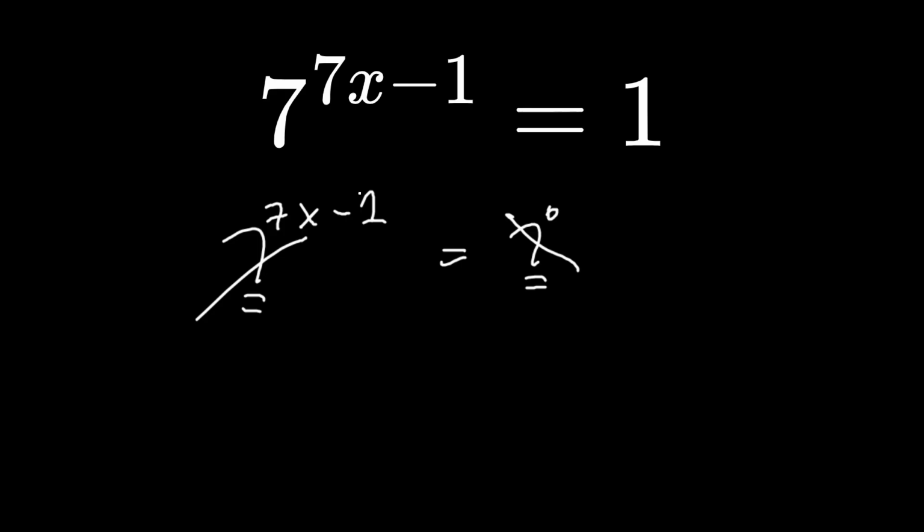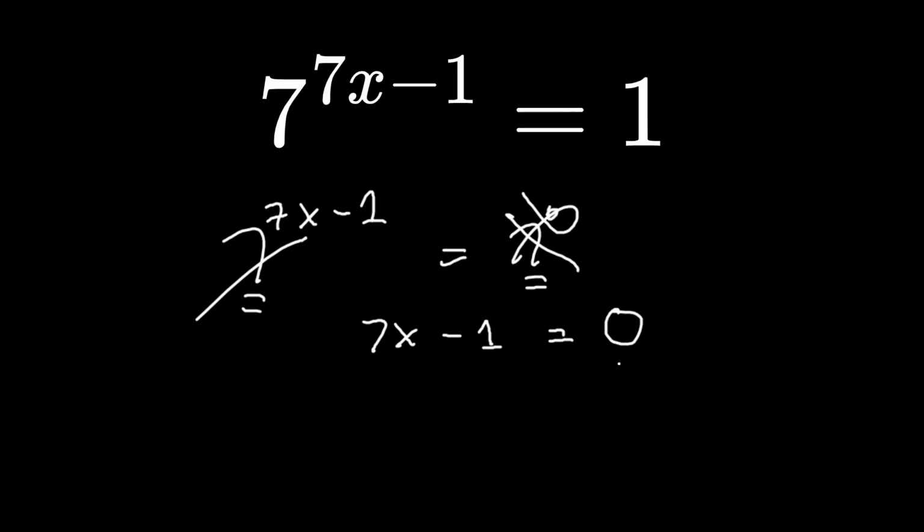Whenever we see problems like this, we want to make the two sides the same. When we get rid of these bases because they are the same, we simply write the exponents. And in this case, this one over here is basically 0. So now this is a simple equation.